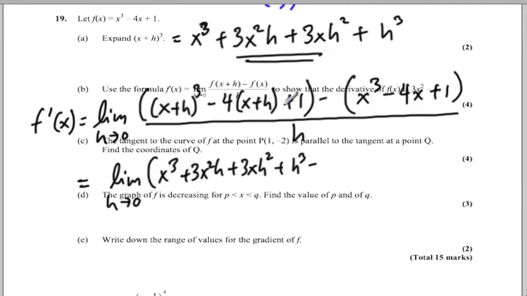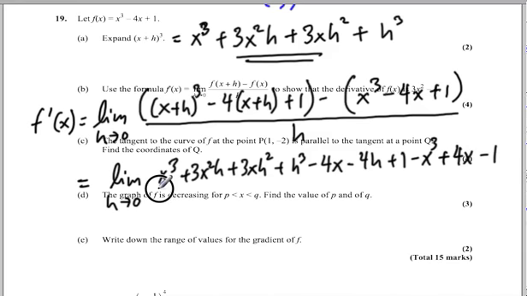Minus, this is going to be 4x minus 4h, and it's going to be plus 1. Okay. Now, I'm just going to remove these brackets, so actually I don't even need this first bracket right here. So I'm going to remove these, so it's going to be minus x cubed plus 4x minus 1. And this is going to be all over h.